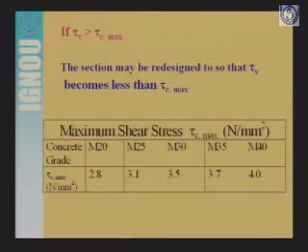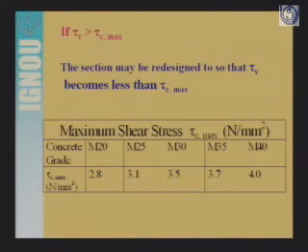Now, third case, if the nominal shear stress is more than tau c max. Now, tau c max is the maximum design shear strength of the concrete, and this solely depends on the grade of the concrete.